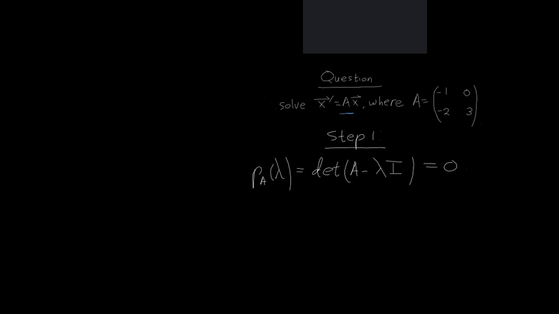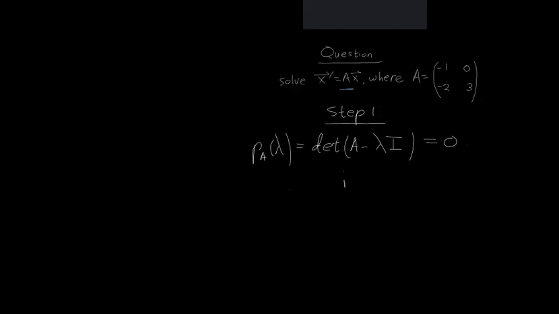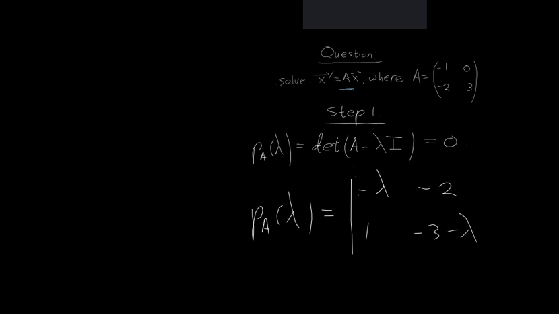If you were to input the matrix, I'm just going to go right to it here. You can verify on the way, and notice a mistake in the chat. I've already done this. Our p subscript A as a function of lambda is equal to, in determinant form, negative lambda in the upper left corner, minus 2 in the other entry, 1 in the lower left entry, and minus 3 minus lambda in the lower right entry, and this is all equal to 0.